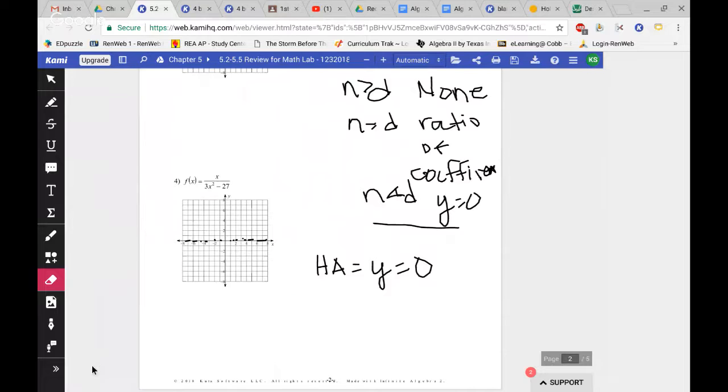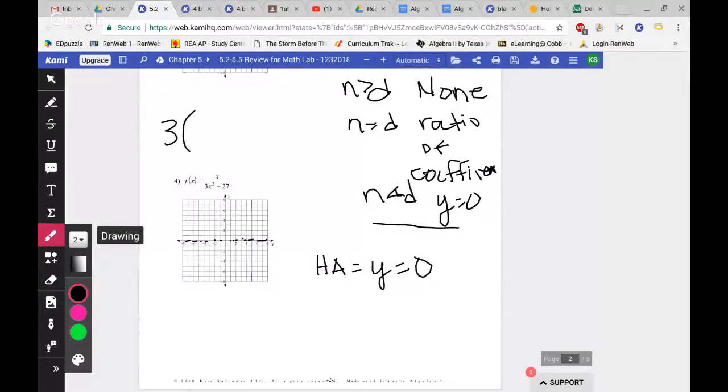So how it looks factored is you would take a 3 out, and that leaves you with x squared minus 9. And that's the difference of two squares, which looks like x minus 3 and x plus 3, so that you set each of those factors equal to 0.